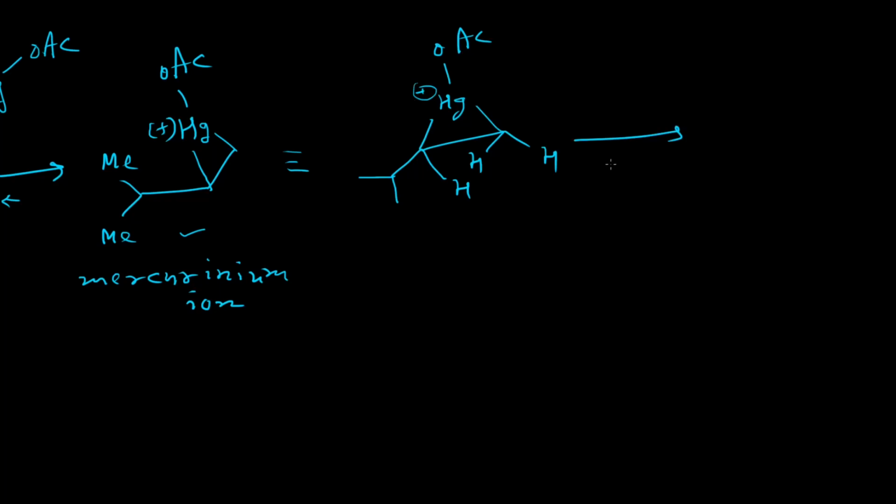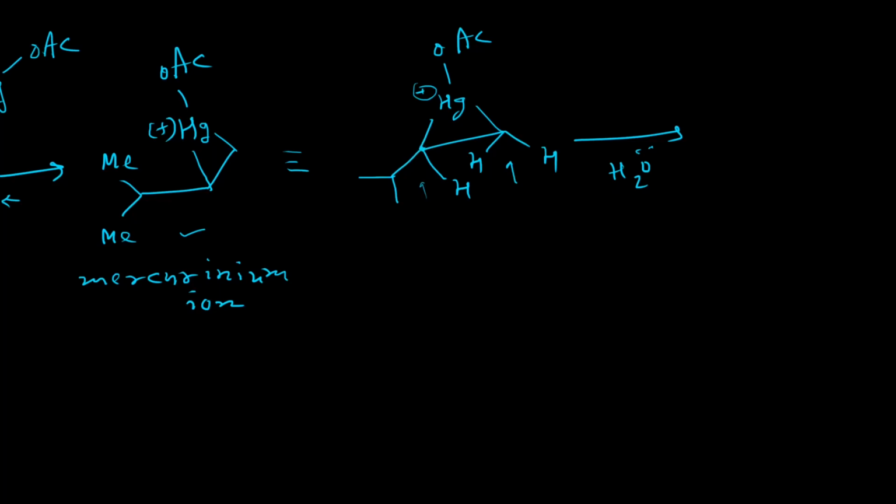Right? So after that, the water molecule has two choices. Either it will attack this less hindered side, or it will attack the more hindered side. In this case, the electronic factors will take control over the steric factor.